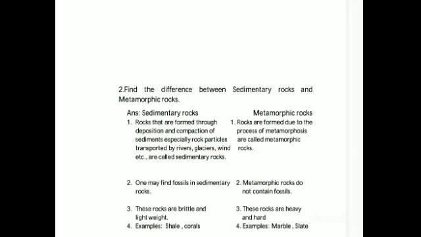The first one is sedimentary rocks. Under sedimentary rocks, rocks that are formed through deposition and compaction of sediments, especially rock particles transported by rivers, glaciers, wind, etc., are called sedimentary rocks.